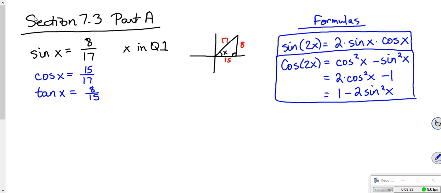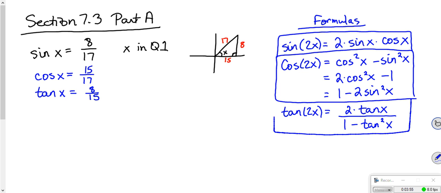Sine only has 1 formula. Cosine has 3. And last but not least, tangent of 2x is 2 times tangent x over 1 minus tangent squared x.